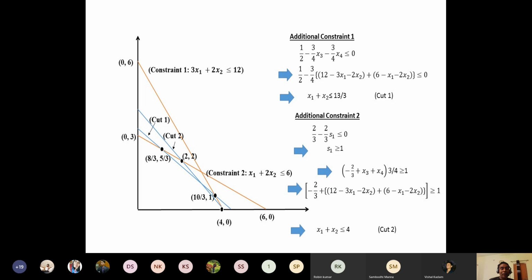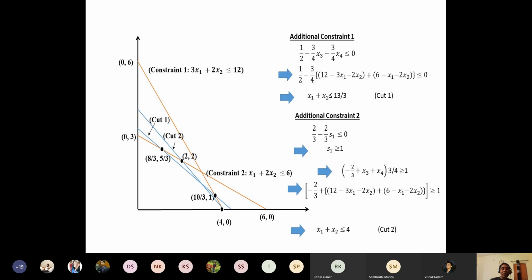And this is the second cut, represented by your blue color line. Again, it will intersect constraint 1 at 4, 0, and constraint 2 at 2, 2, and here we are obtaining the optimal solution. That means x1 is equal to 2 and x2 is equal to 2.